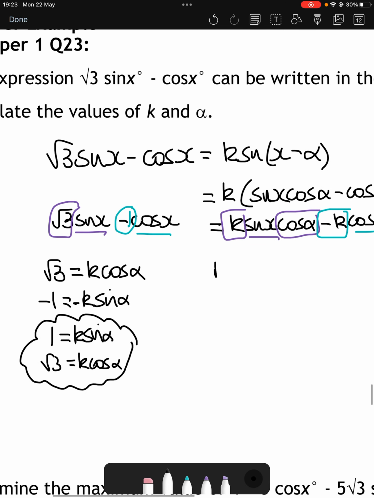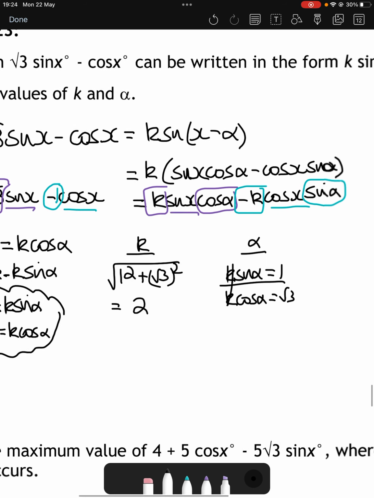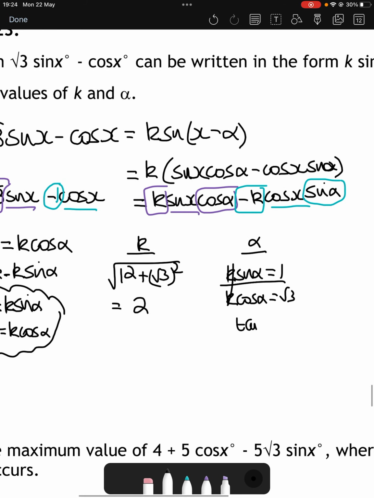Right, k, two, alpha, tan alpha, that is positive.